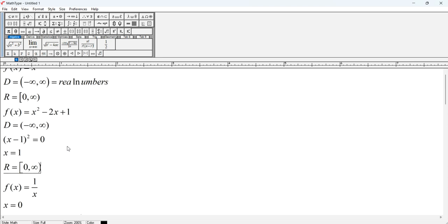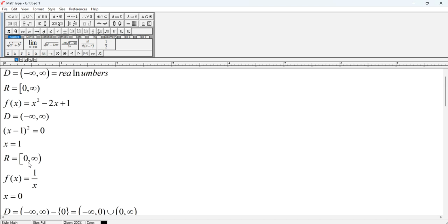Let's substitute, for example, 1 here: 1 minus 1 is 0, 0 squared equals 0. So the minimum value for this function is 0, and when x equals infinity, infinity minus 1 is infinity, infinity squared equals infinity, so the range is from 0 to infinity.